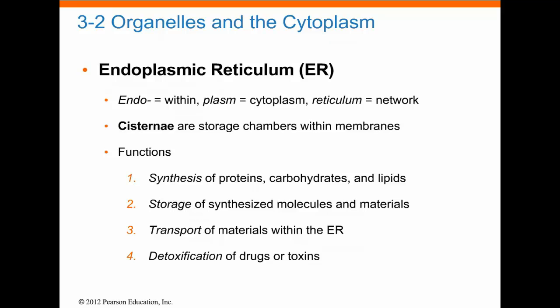They also store these synthesized molecules and materials, and they transport the material within the endoplasmic reticulum. And here it's really important that you understand that they're involved in the detoxification of drugs or toxins. So every medication that you give a patient, it depends upon how well the cells are all functioning around the body as to how quickly that particular dose of the medication will be removed from the body so that the person does not become toxic.